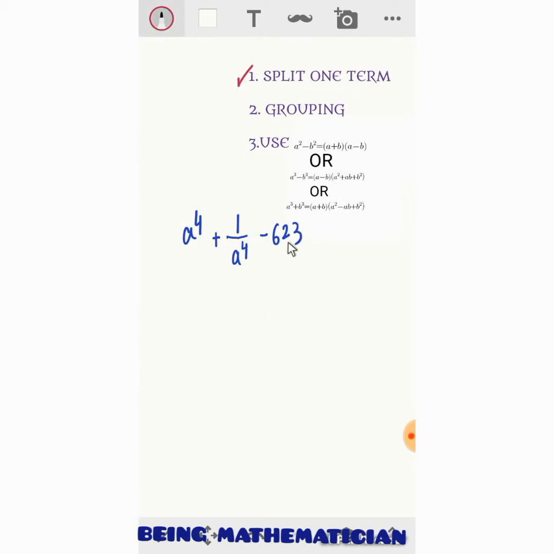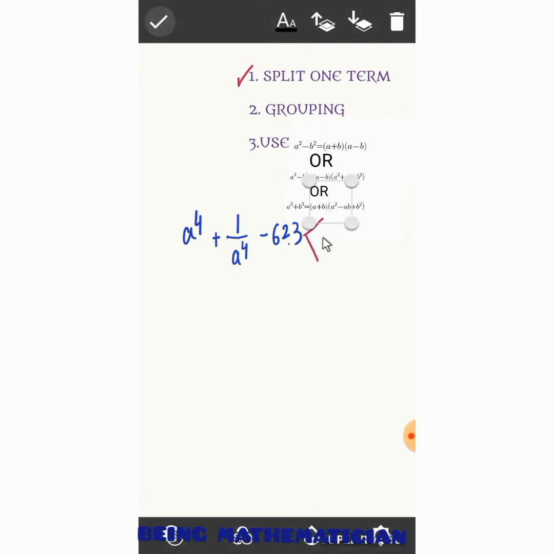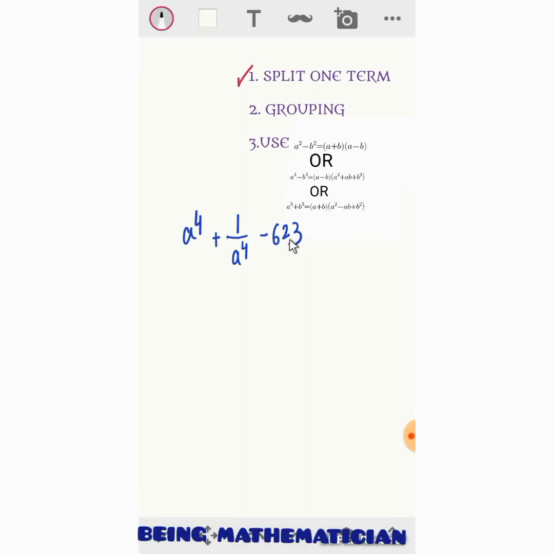So 623 can be split into minus 625 plus 2. We can write a to the power 4 plus 1 by a to the power 4 minus 625 plus 2.